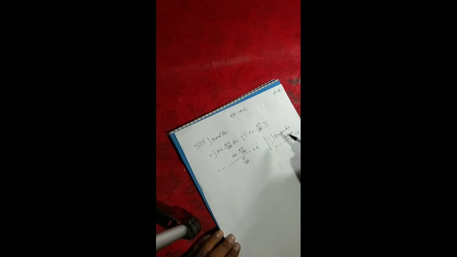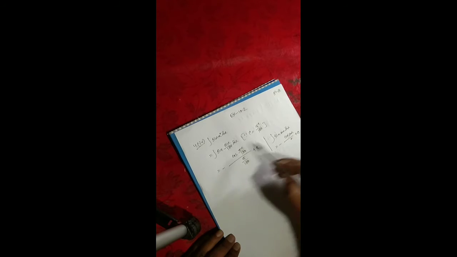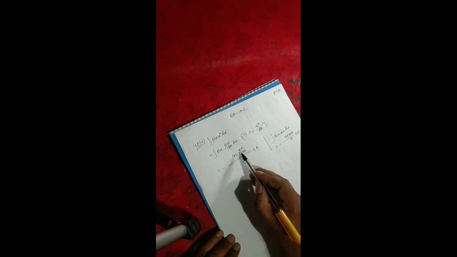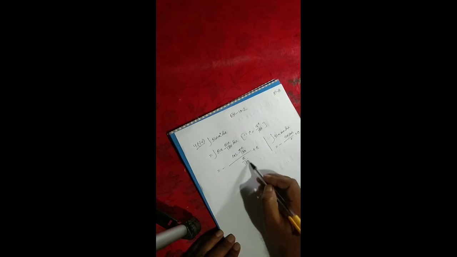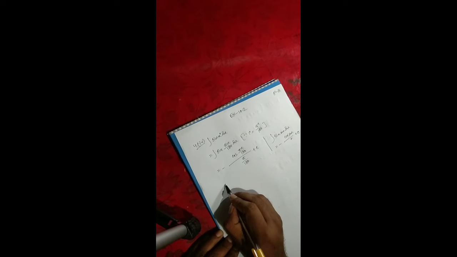Here plus c. Now here a means pi by 180. Now minus cos pi x by a, that means pi by 180.